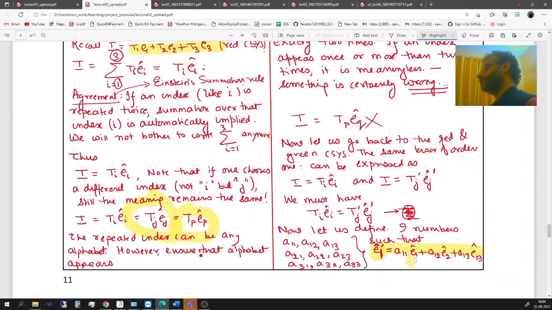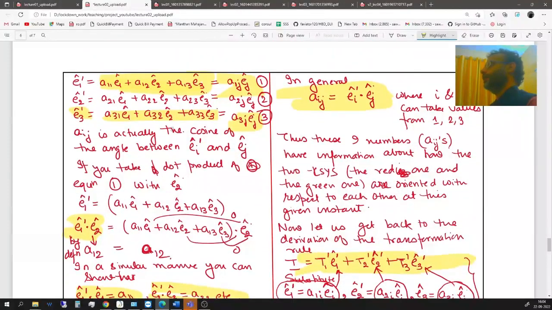So here 1 is matching with 1 here, 2 is matching with 2 here, and 3 is matching with 3 here. So this is the definition of all these 9 numbers. So in that way, I can write E1' as A11 E1, A12 E2, A13 E3, which, using the Einstein summation rule of compact representation, can be readily written as A_1j E_j, right? j is a repeated index. It implies summation over j.